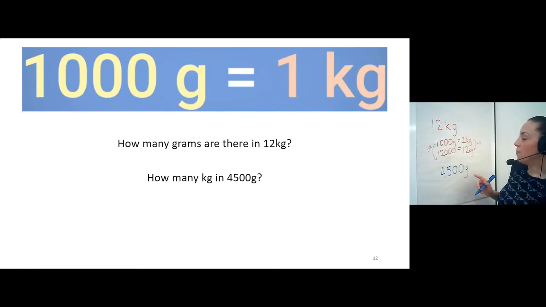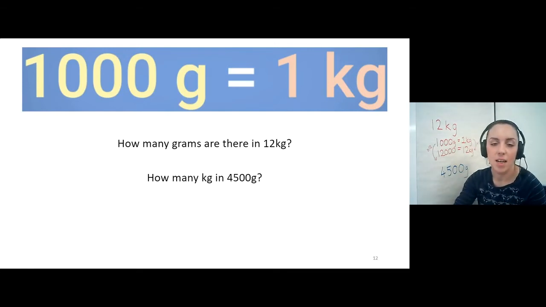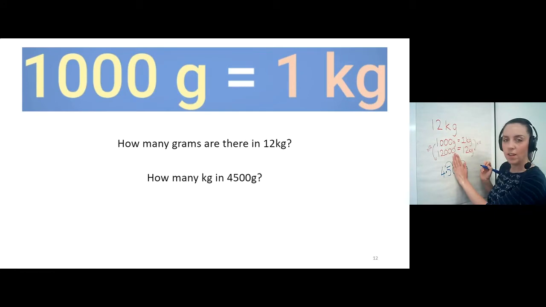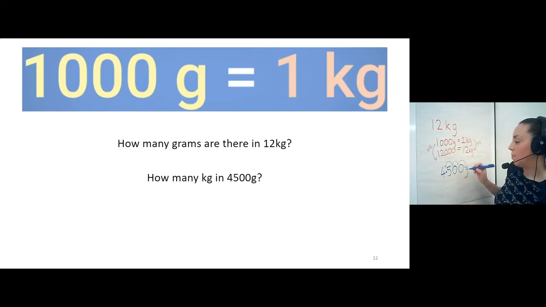Again, if we're not sure, we know that there's 1,000 grams in a kilogram. So we could take our decimal place, which at the moment is here at the end, and divide by 10, 100, and 1,000. We move it over here to end up with 4.5. We could also apply the rule that we know.